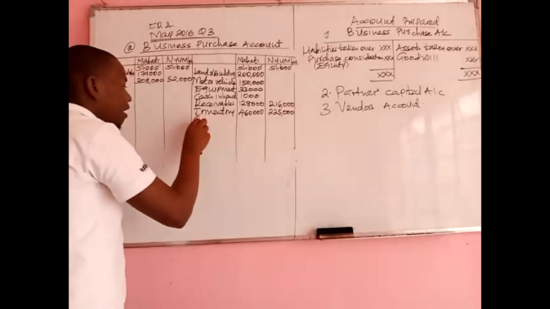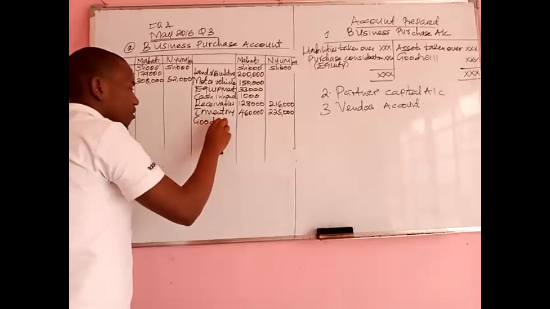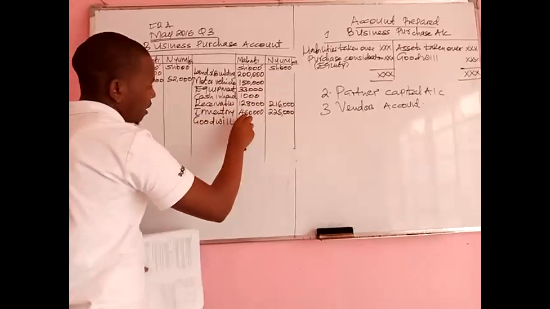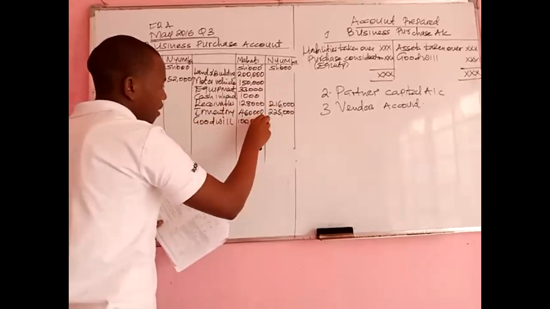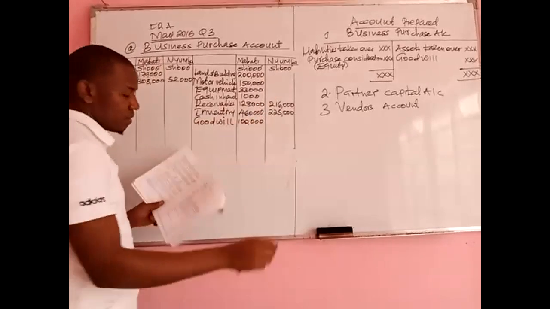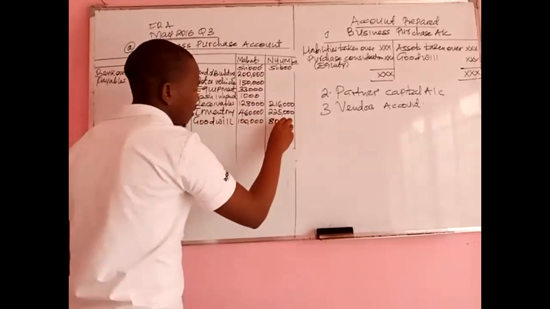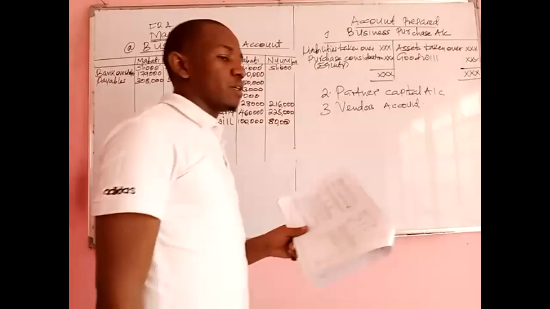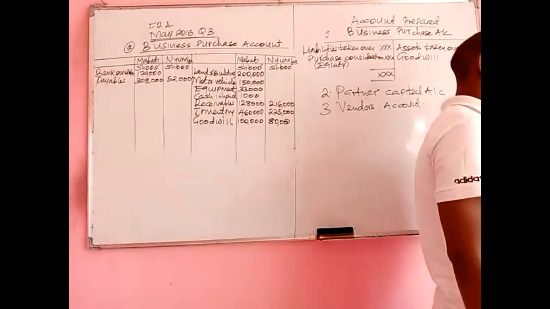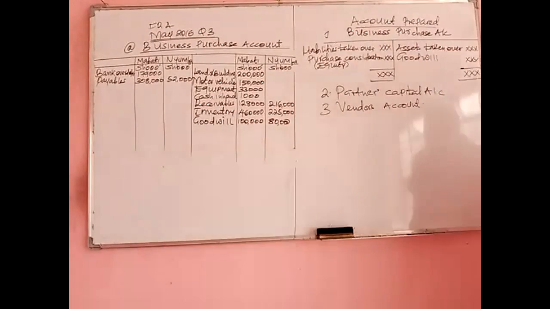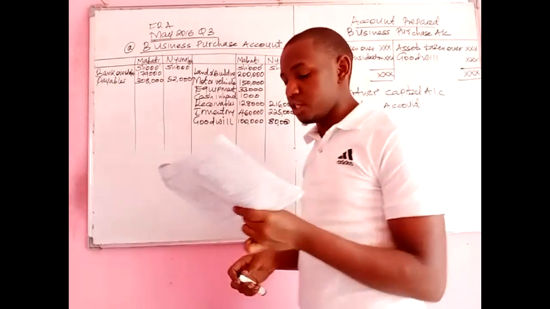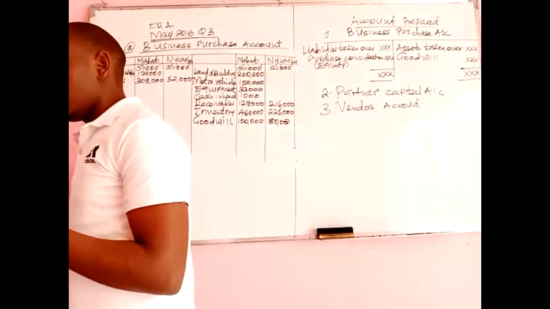So goodwill here is 100 million, which is 100,000, and this is 80,000, right? Then what else do we have there? Additional information number 2 again.